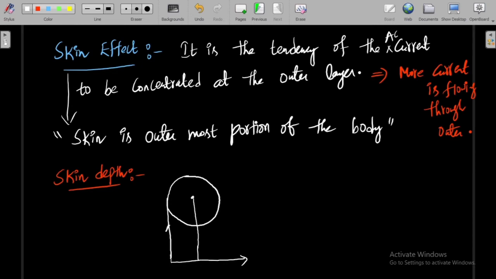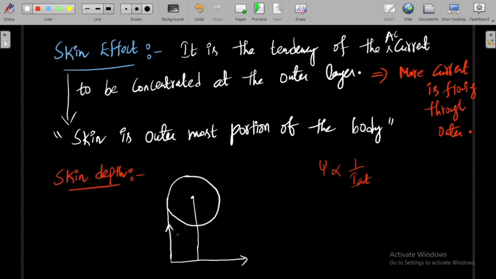As we have seen in the skin effect, the current through the outer layers is more and the current through the inner layers is lesser, whereas the flux linkage through the outer layers is lesser and the flux linkage through the inner layers is more. So the flux linkage is inversely proportional to the actual current. When the flux linkage is more, current will be lesser. When flux linkage is lesser, current will be more.